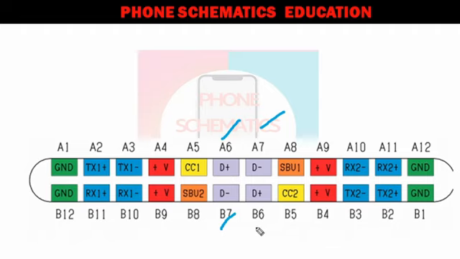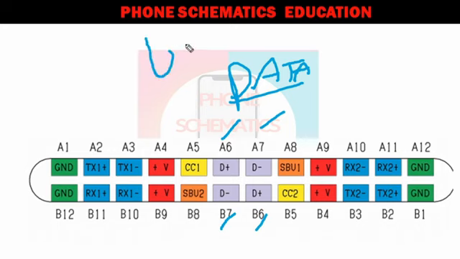Pins A6, A7, B7, B6 are D plus and D minus, the data pins for data transmission. I have already explained how these pins work for data transmission on a micro USB port, USB 2.0, right?